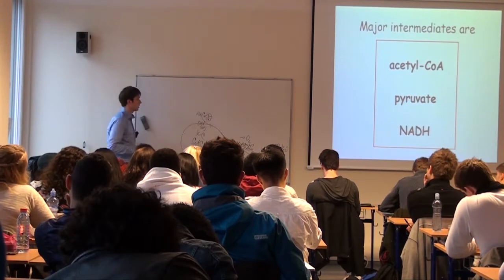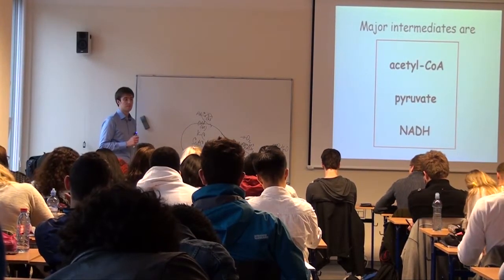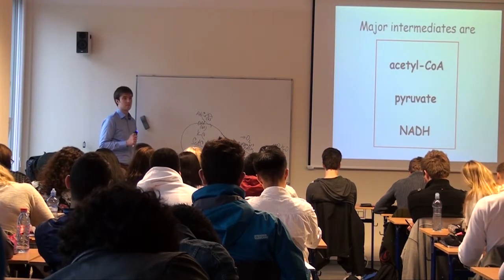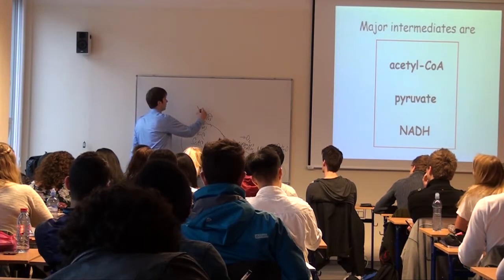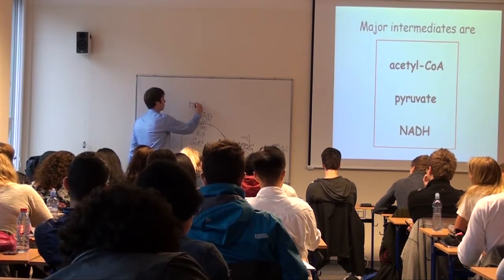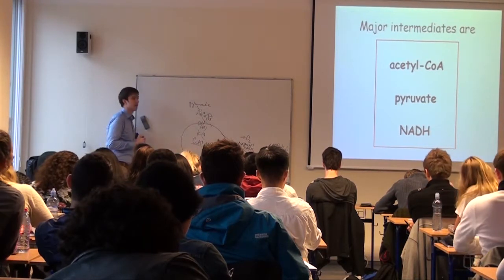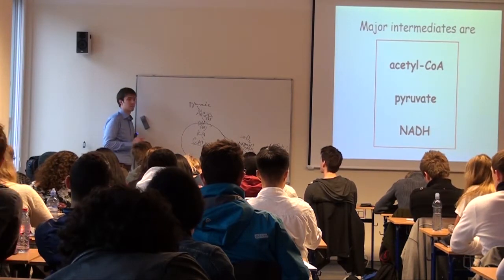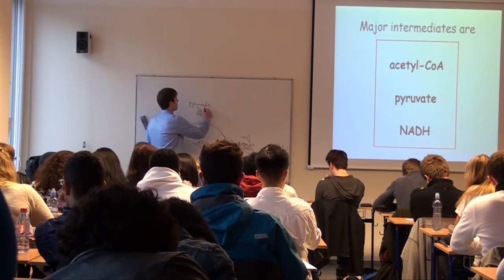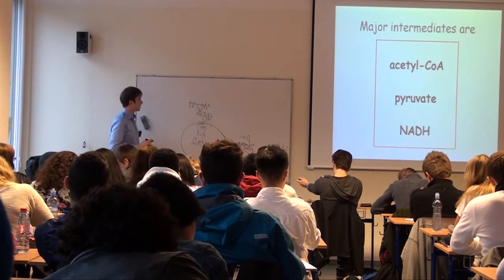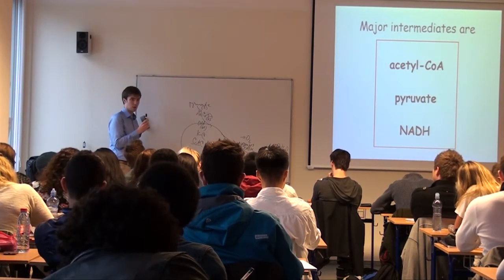How to produce acetyl coenzyme A? From pyruvate, that's the one possibility. How many carbon atoms has pyruvate? 3. The number of carbon atoms is especially important for the metabolism of saccharides.